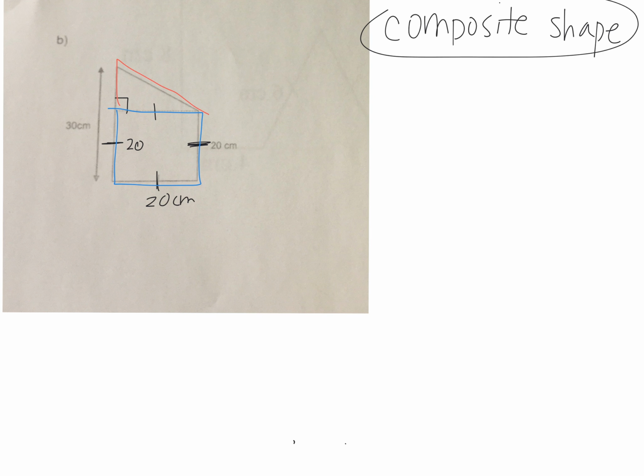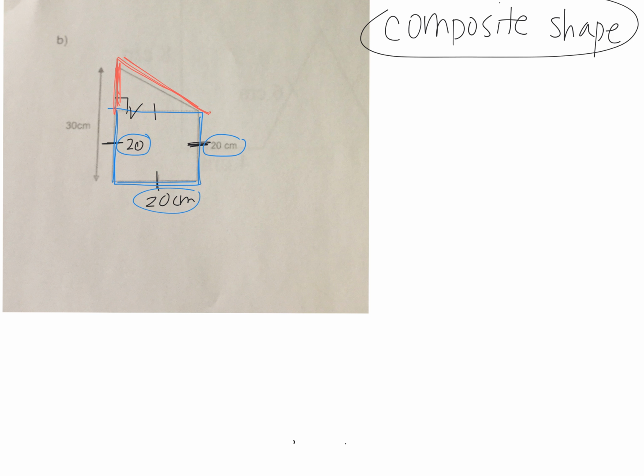Now, when we're finding the perimeter, this is very important. How many numbers am I going to end up adding? Look here, please. Look at the outside of the shape. I have this. That's 1, 2, 3, 4, 5.